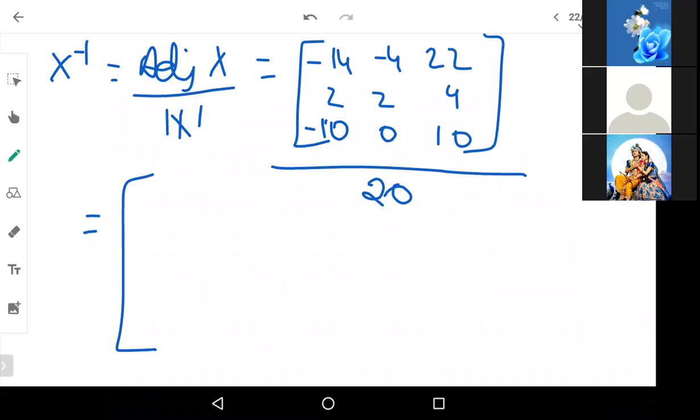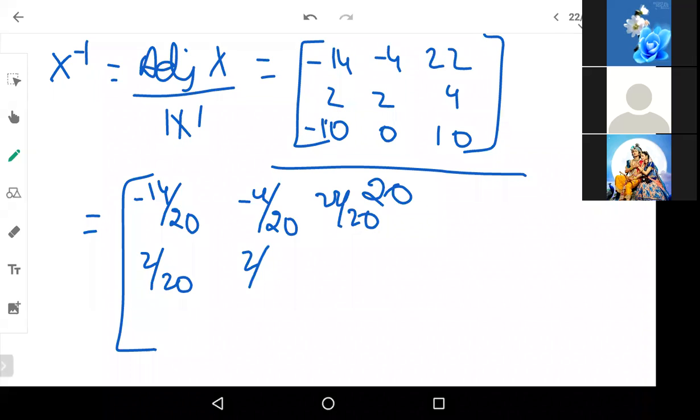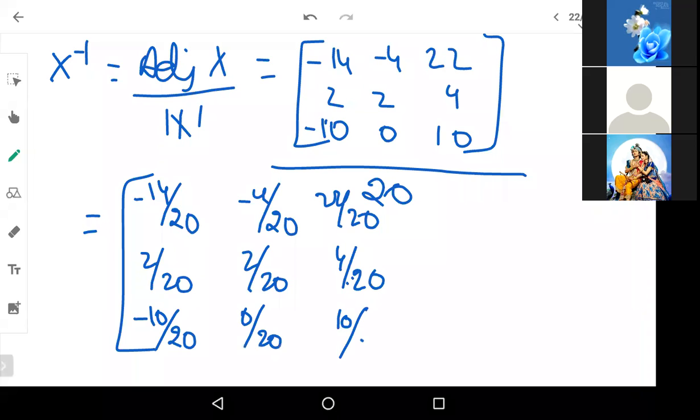Okay, so minus 14 by 20, minus 4 by 20, 22 by 20, 2 by 20, 2 by 20, 4 by 20, minus 10 by 20, 0 by 20, and 10 by 20.